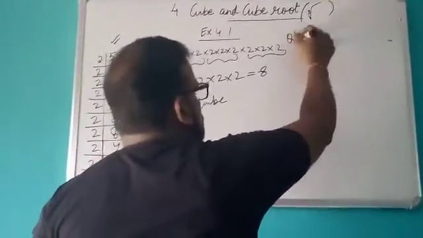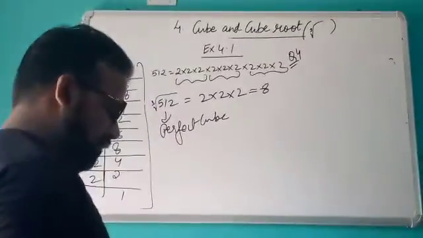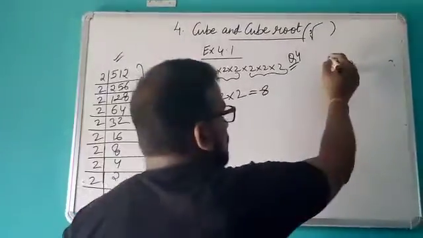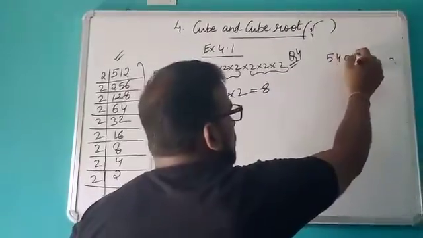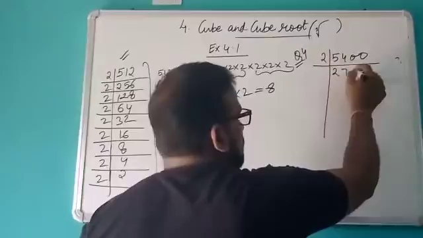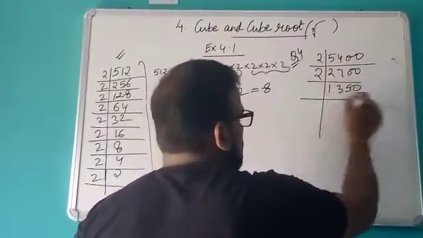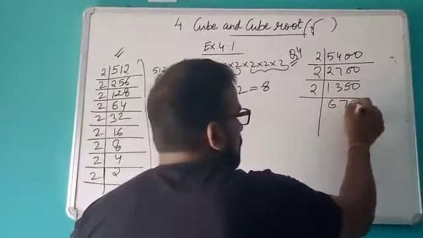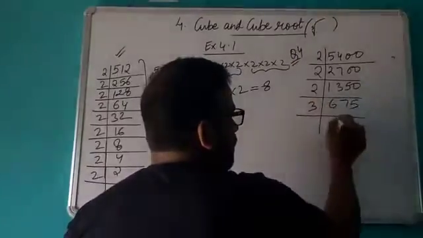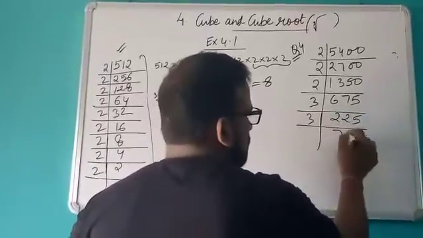Now suppose there are questions like this: which number should I multiply by 5400 so that it becomes a perfect cube? Again, we do its prime factorization, and after doing the prime factorization we will see how many numbers are left.